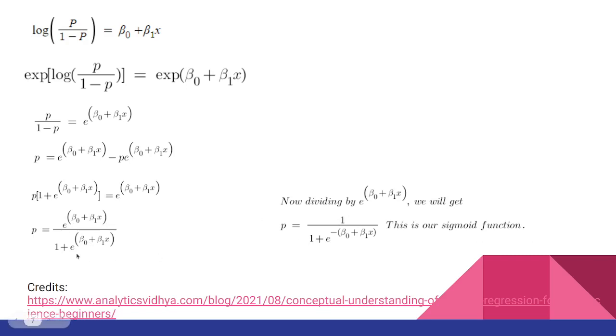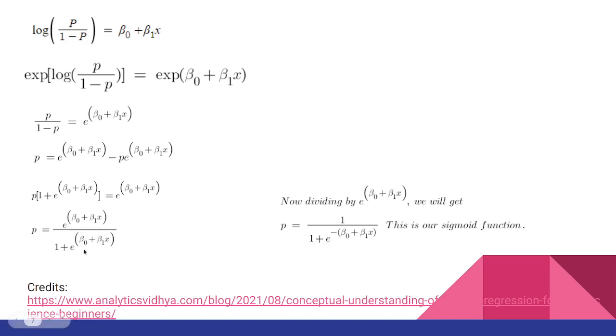If we divide this by this one, the value will be e to the power minus of beta 0 plus beta 1 x, because 1 by something is basically the minus in terms of power. And in the numerator, this divided by this is 1.